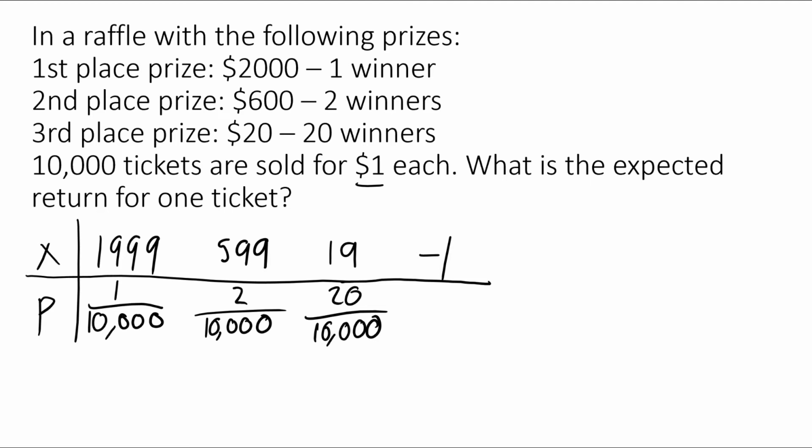And that is that someone will buy a ticket and not actually win any prize. So the probability of that happening would be everyone else. So if there are 23 people that win prizes, all the remaining people out of the 10,000 do not. So that's 9,977 people out of the 10,000. They don't win anything. They lose their dollar.